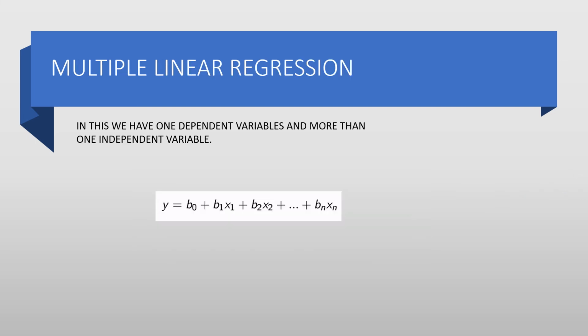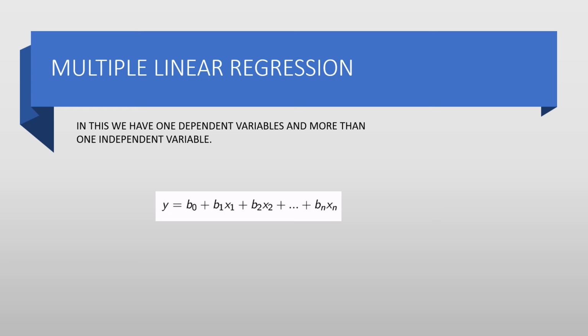So moving forward, we have mainly focused on simple linear regression, but linear regressions are basically divided into three types: multiple regression, simple regression, and polynomial regression.